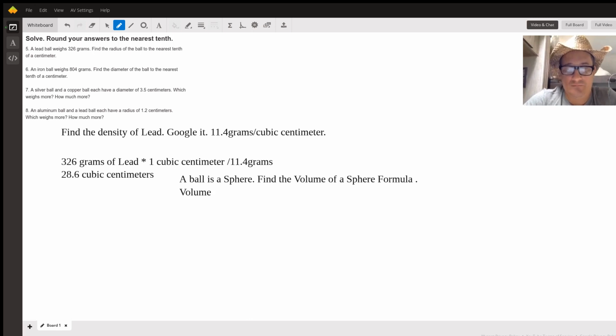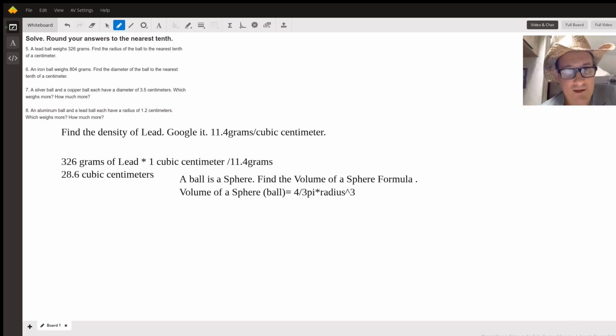Volume of a sphere or a ball equals 4/3 pi times radius cubed. And this is how I'm going to write my cube.